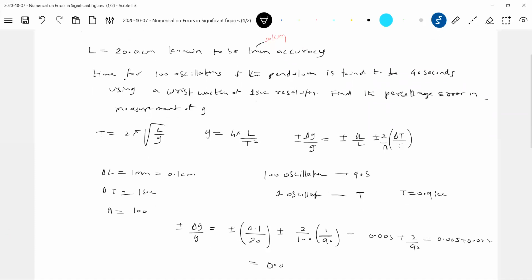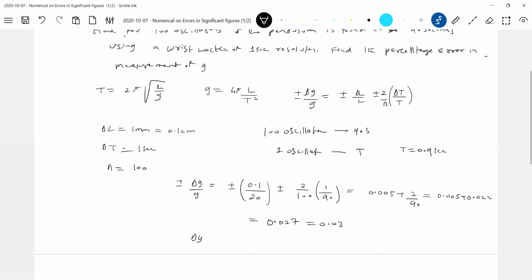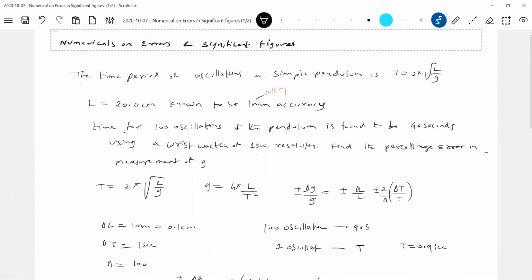I'm using a calculator; without a calculator you are supposed to tell it. So it is 0.03, which in percentage is 3%. Therefore the number of oscillations matters a lot. If you take more oscillations, the error will be minimized.